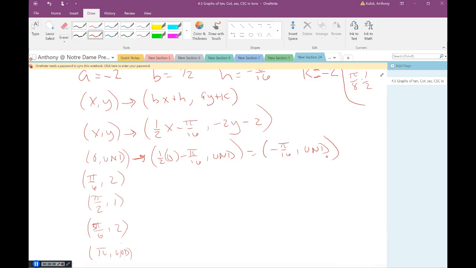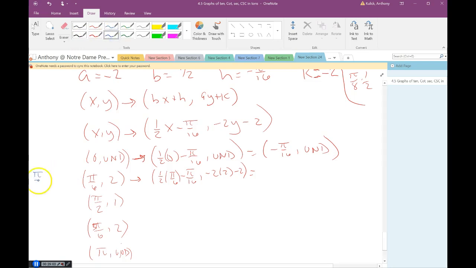We okay with that? Okay. So I have 1/2 π/6 minus π/16. -2 times 2 minus 2, and I already regret not giving myself more space to do some scratching. I'll just do it over here on this side.